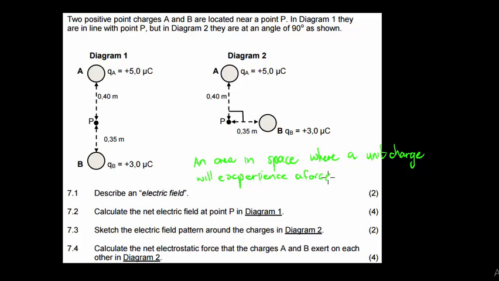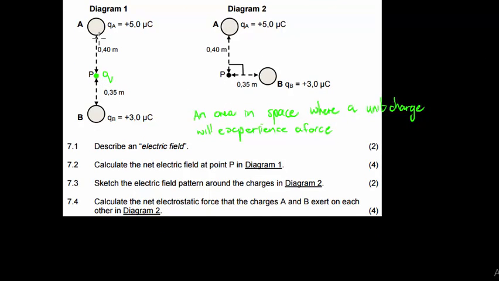Question 2: calculate the net electric field at point P in diagram 1. We're assuming that point P has a charge of Q. We saw in the previous video that when we have charges on opposite sides of my unit charge, we must take the difference between the two.